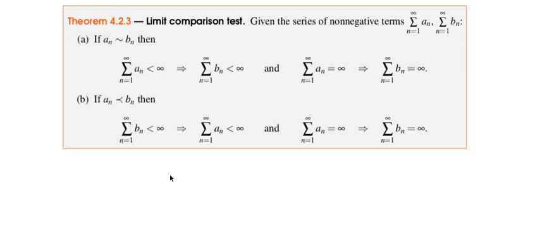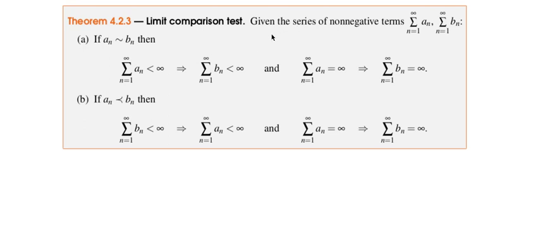Now the next test is what we call the limit comparison test. The idea is that, just like when we saw sequences that are asymptotically equivalent, this means that when the index is very large, both sequences have very similar terms. So that means that if you sum them, you will get similar values.